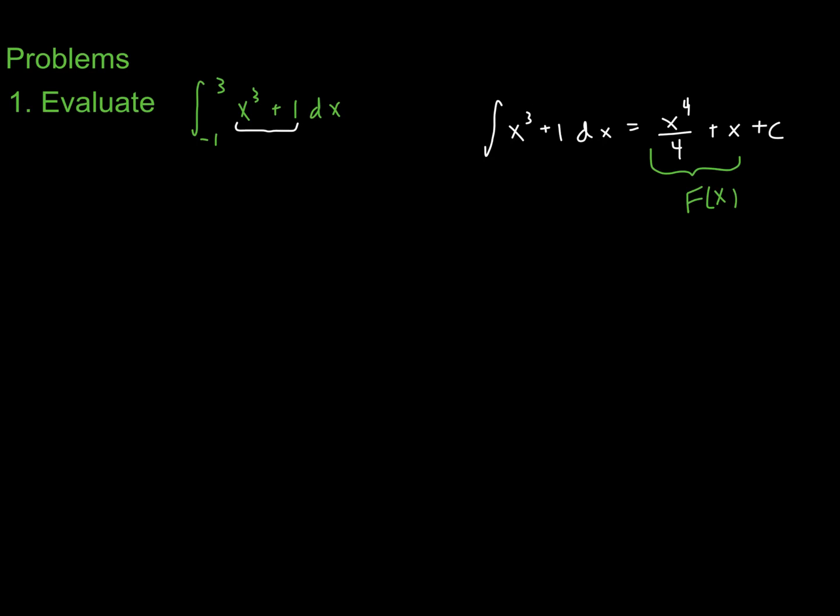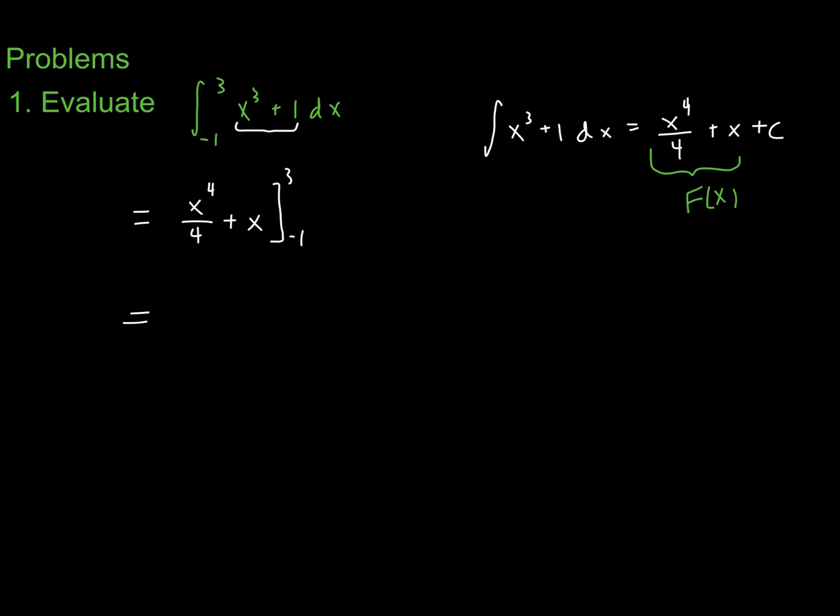So now I can evaluate my definite integral. Capital F of x is x to the fourth over 4 plus x. I'm going to evaluate at 3 and at -1, and I am going to take the difference between the two, so I can show that here.